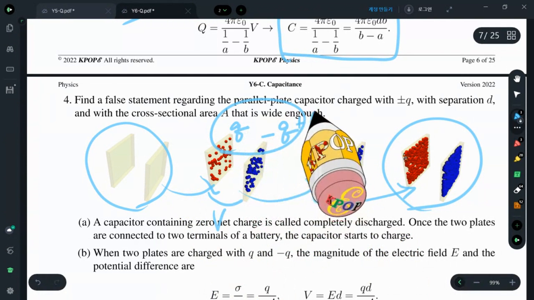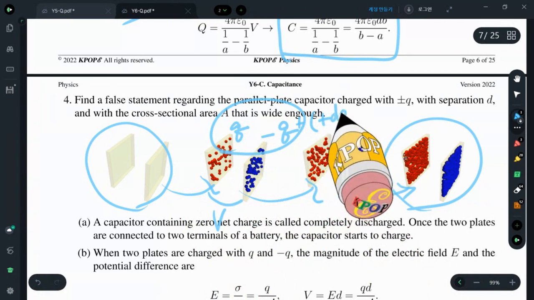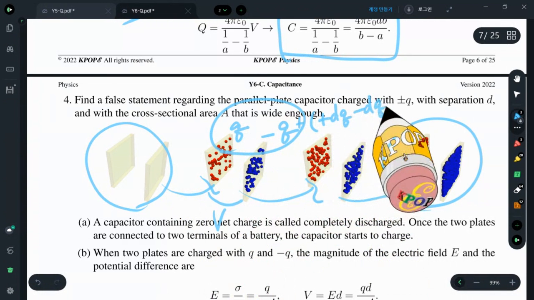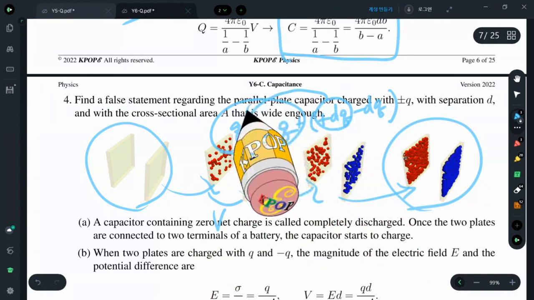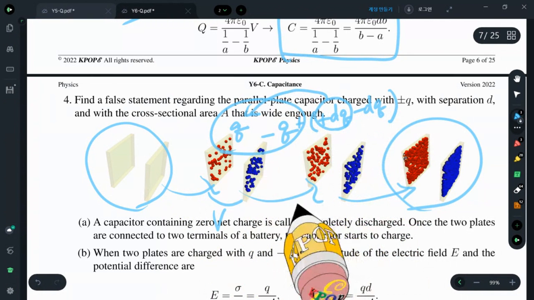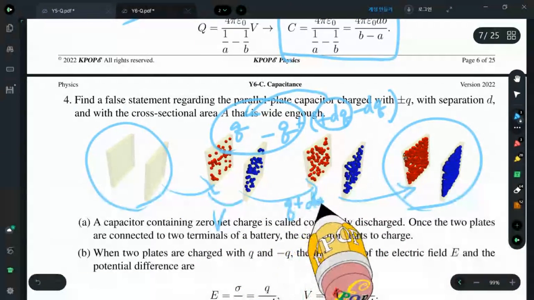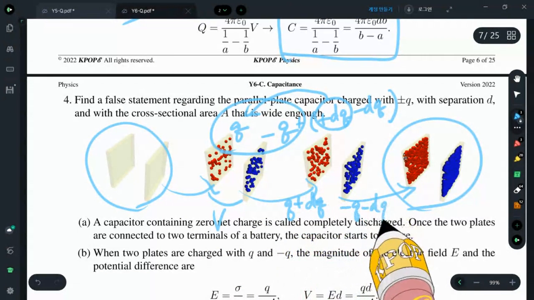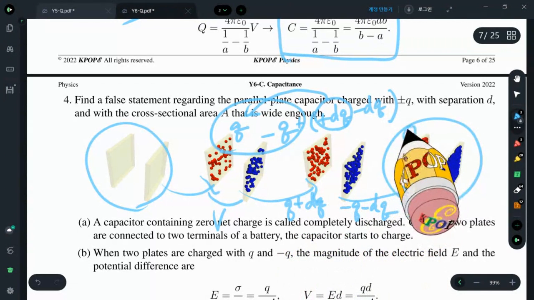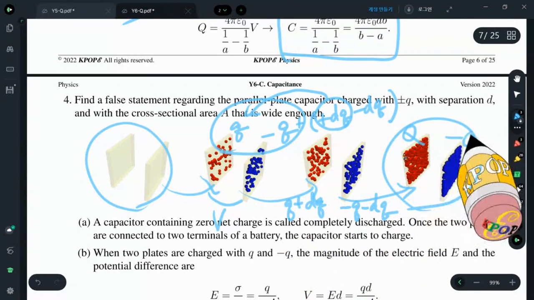This is a plus dq and minus dq equals 0. I bring this plus dq to here. Then it becomes q plus dq, and this side is minus q minus dq. And finally, I approach capital Q and minus Q.